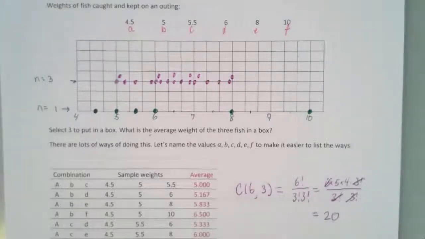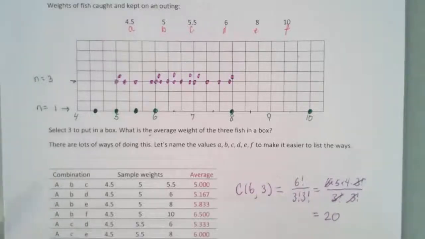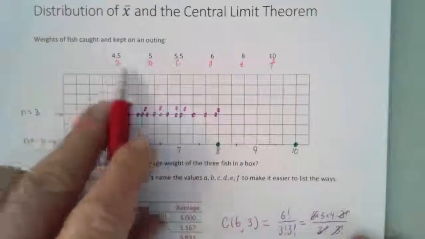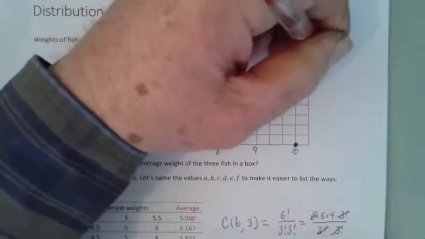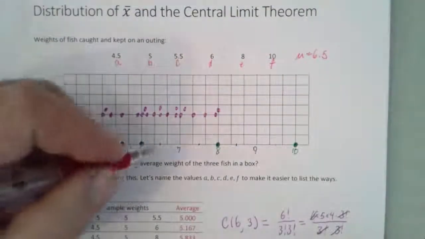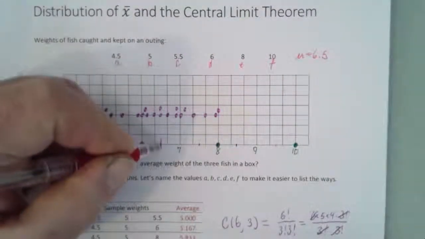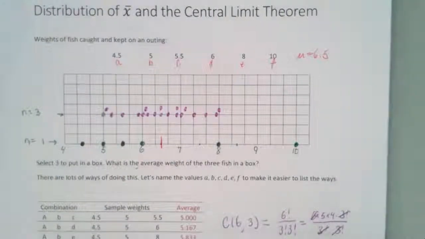There's another thing that you might guess, but you wouldn't know exactly unless you did the calculation. If we take the average, the mean of these original data points right here, we will get 6.5. And that, on our graph, is right there at that point.